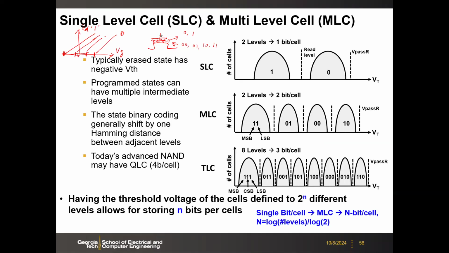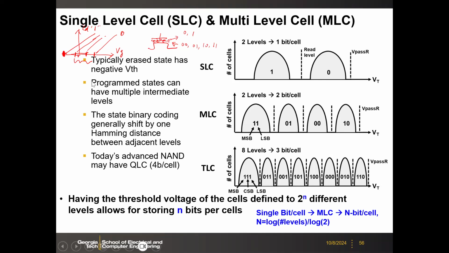So then you can modulate the number of electrons to fine-tune the threshold voltage. That's the key idea behind the multi-level cell. Typically the erased state has negative VTH, like this one, and then program states can have multi-level intermediate levels as those.